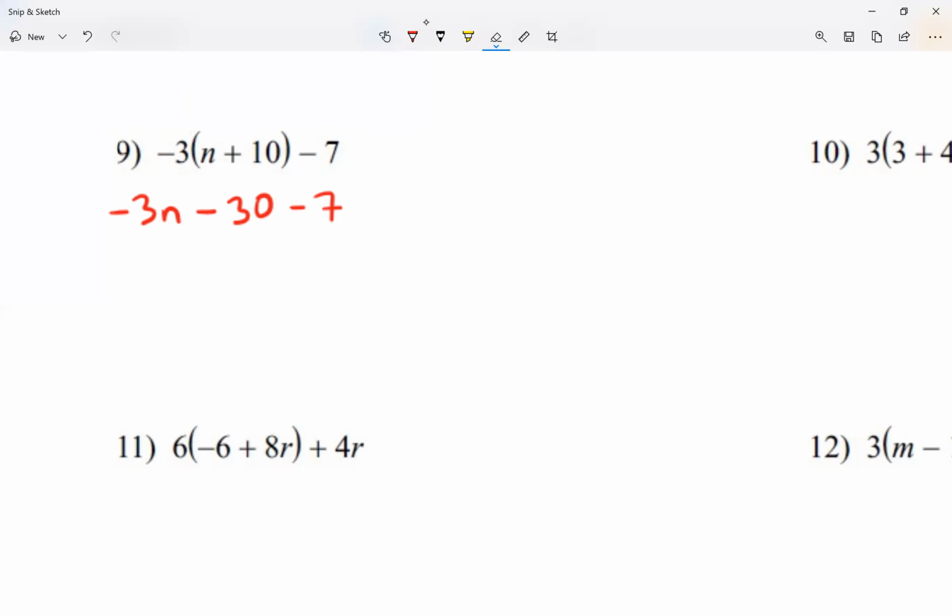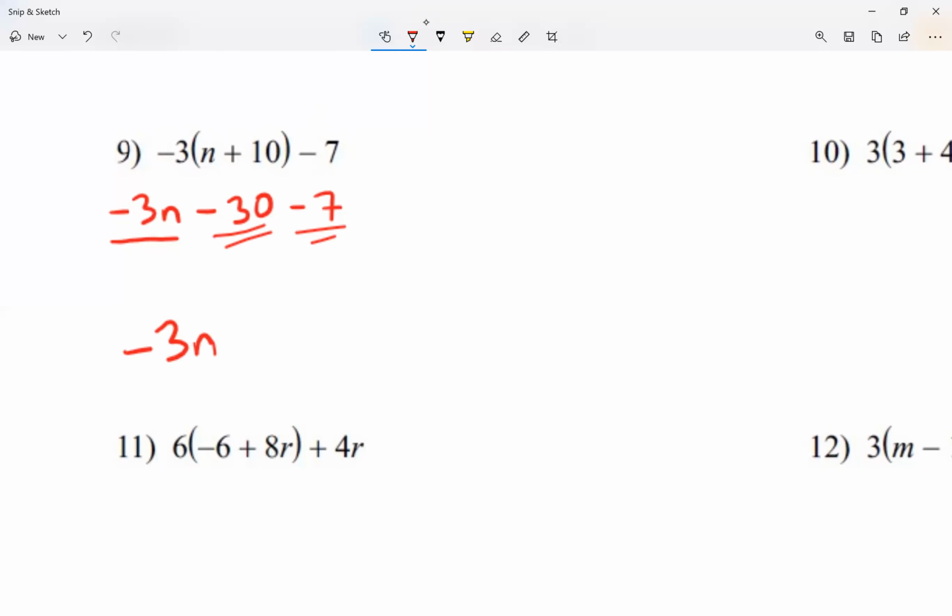Okay, so now that I got rid of parentheses, let me combine my like terms. First of all, I look at those that have a variable. Remember, variable is basically a letter. So I'm looking for those that have a variable. In this case, it's just a -3n. So I'm just going to copy -3n. And then I look for those that don't have a letter, -30 and a -7.